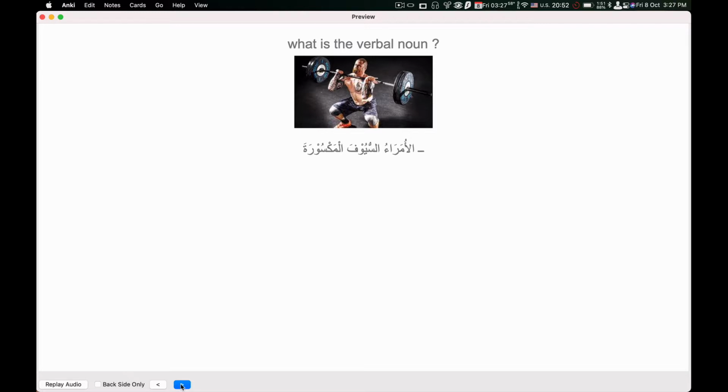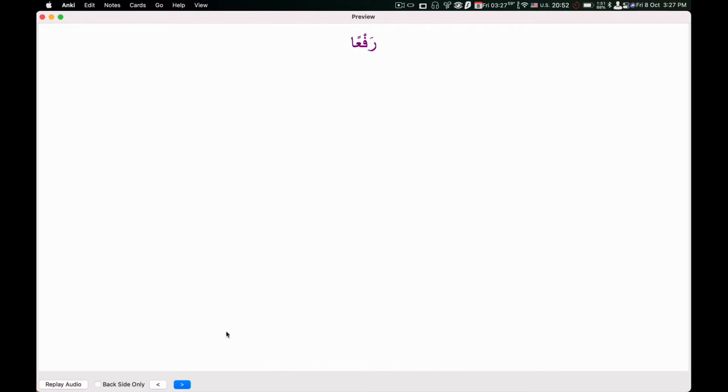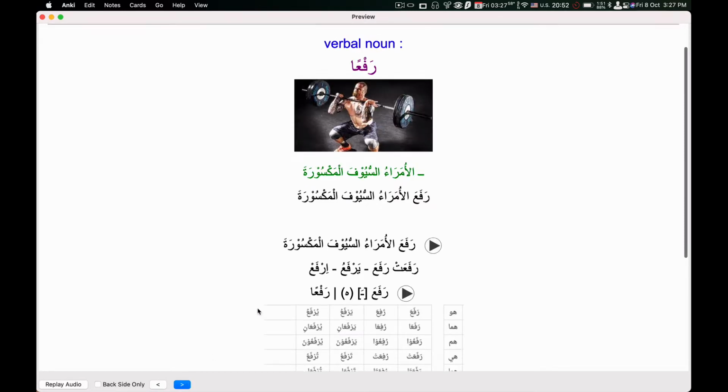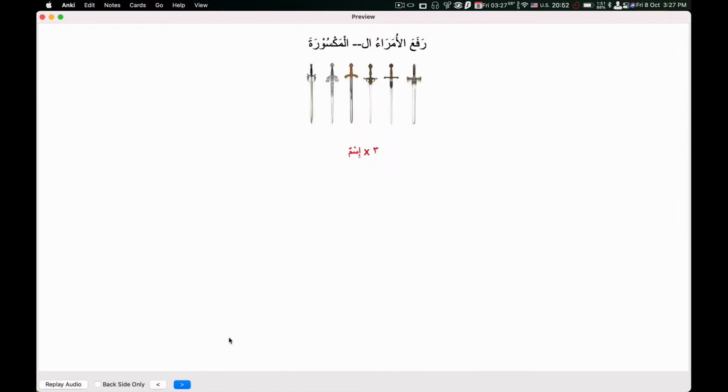So finally, the verbal noun for lifting something or raising something, I'm guessing is rafa'an. Okay, that's correct. So in the same sentence, rafa'a al-marahu dash al-maksurata.